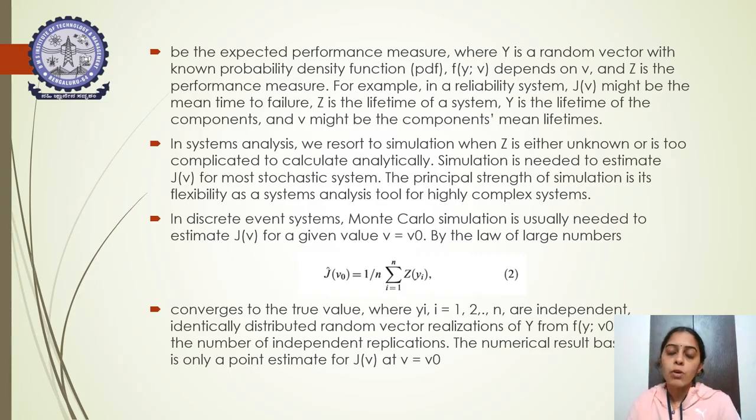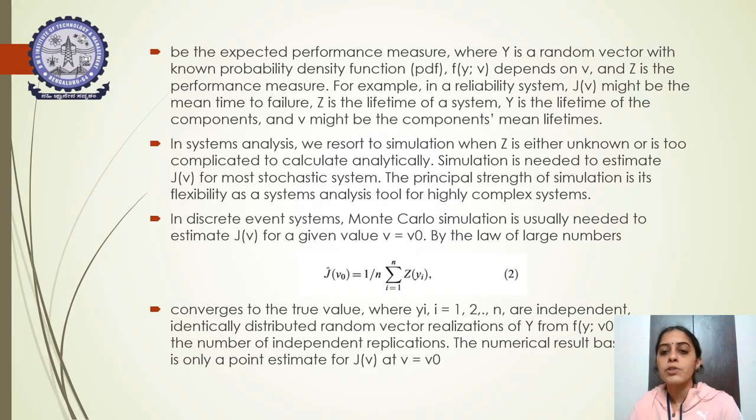But when it is too complicated to determine the performance measurement of a product, then we rely on simulation. And hence simulation is needed to estimate J of V for most stochastic systems. These stochastic systems come up when we do the mathematical modeling, which provides a close approach to the system which we need to manufacture.